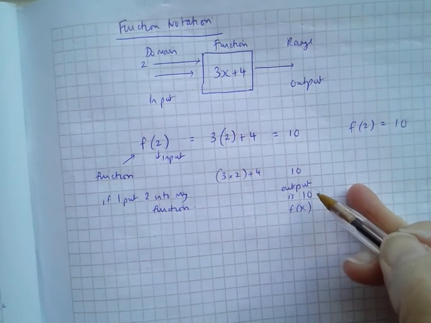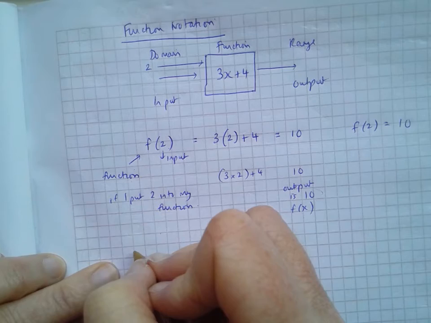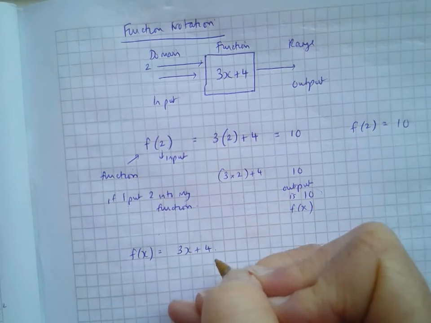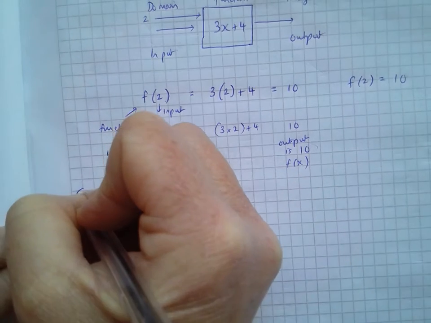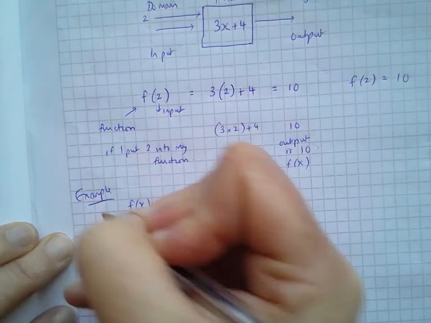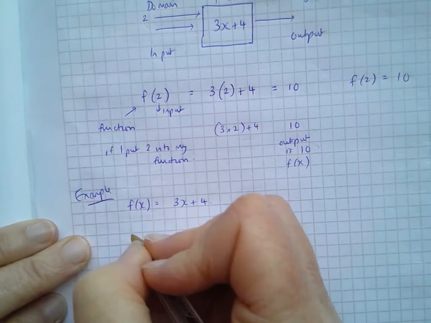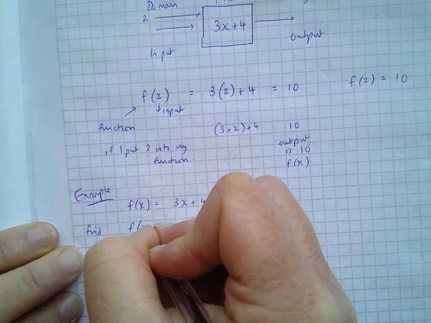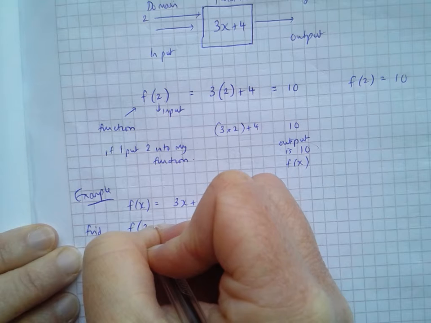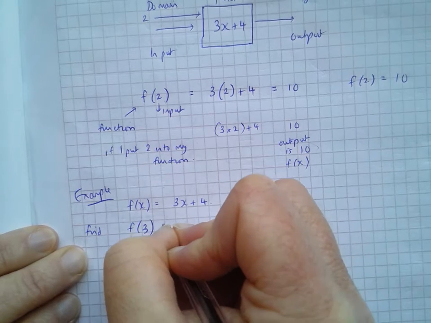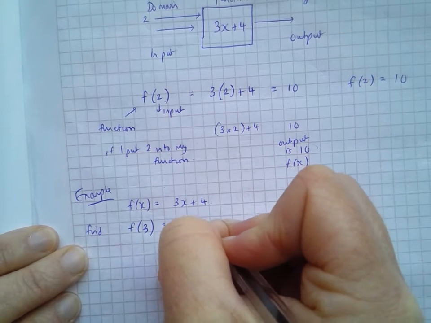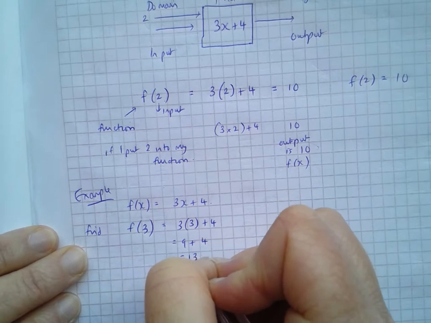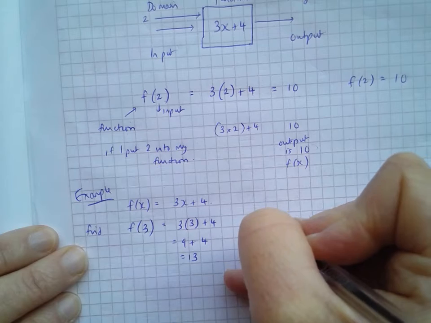So say I told you that the function f of x is equal to 3x plus 4. This is an example. Okay, f of x is equal to 3x plus 4, and I say find f of 3. f of 3 is going to be 3 by 3 plus 4, which is 9 plus 4, which is 13. So f of 3 equals 13.